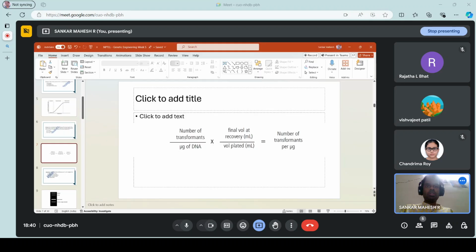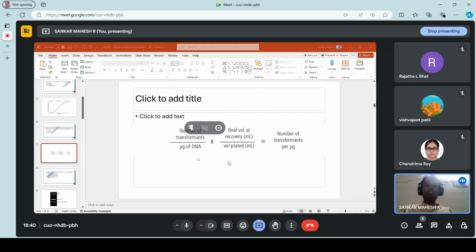Sir, Vishwajit, can you explain it once again? Yeah, sure. So the formula that you need to use is number of transformants per microgram into final volume at recovery by the volume plated. So the number of transformants that you have here is 500, and the amount of DNA that you took is 0.001 microgram. Multiply that with final volume at recovery, that is 1 ml, divided by the volume that is plated, that is 50 microliters.